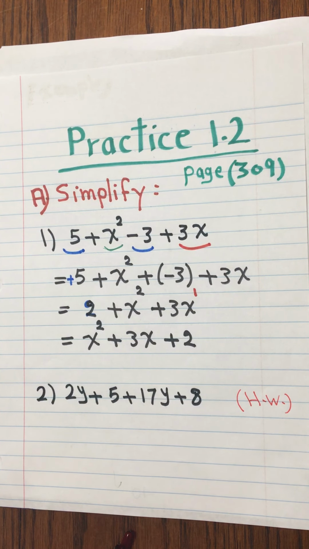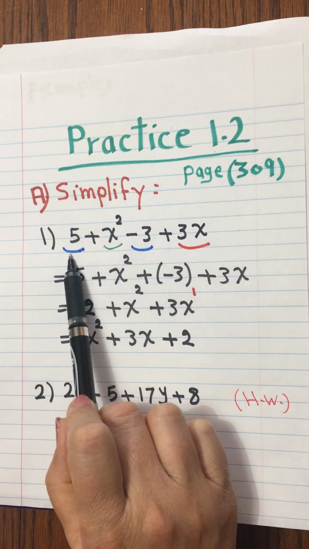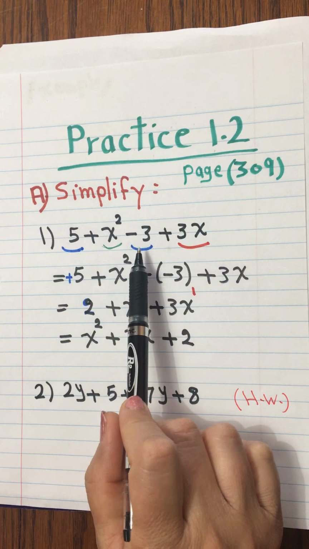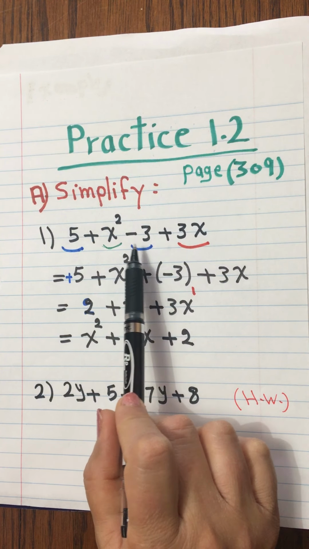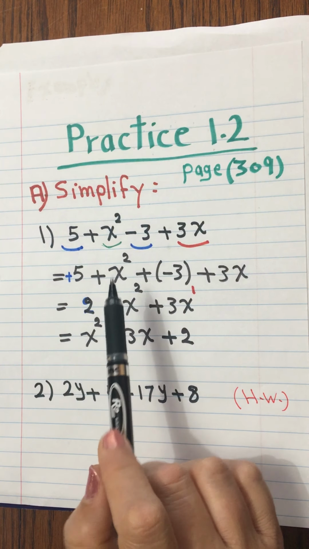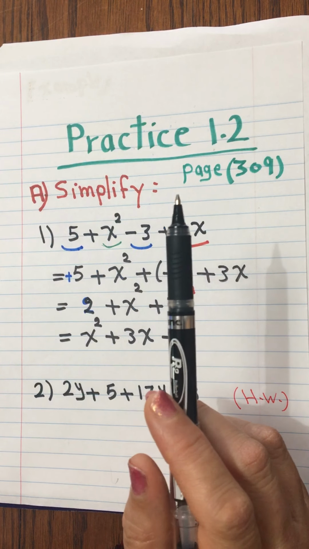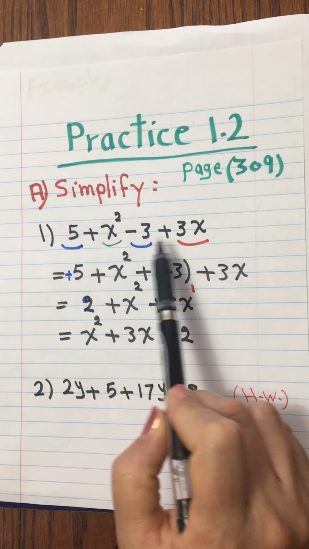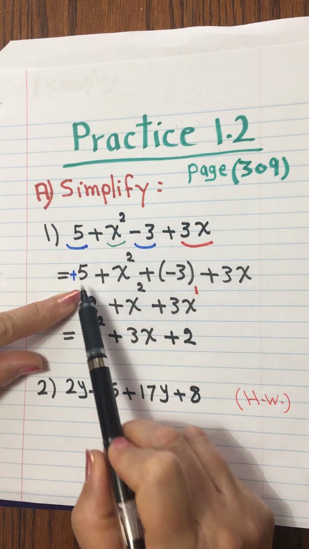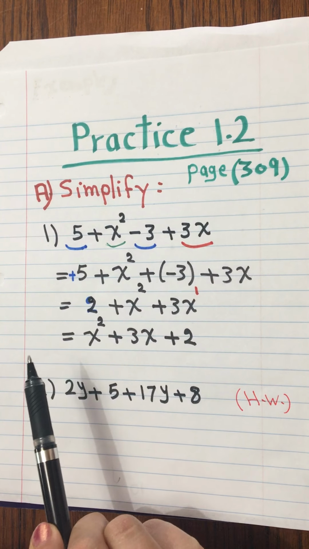So for A, 1, I have 4 terms, 1, 2, 3, 4. First, I'm gonna change the negative 3 to a positive and 3 to negative 3. So this is gonna be the first step. How many terms do we have, guys? I have 4 terms. So I have now 5 plus x squared plus negative 3 plus 3x.